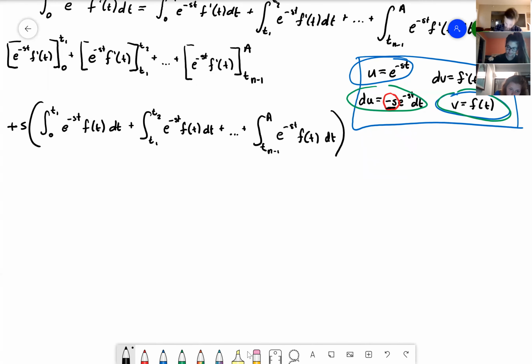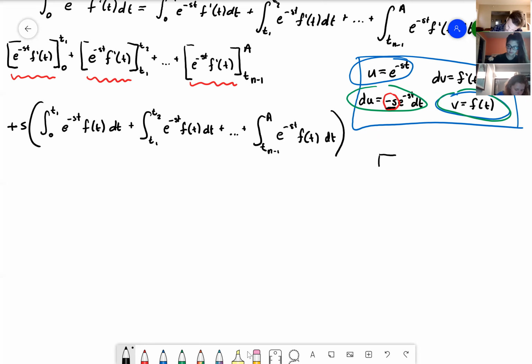First, looking at the uv parts, when I evaluate these at the upper and lower limit, instead of writing e to the minus st f of t over and over again, I'm just going to represent it as a box.